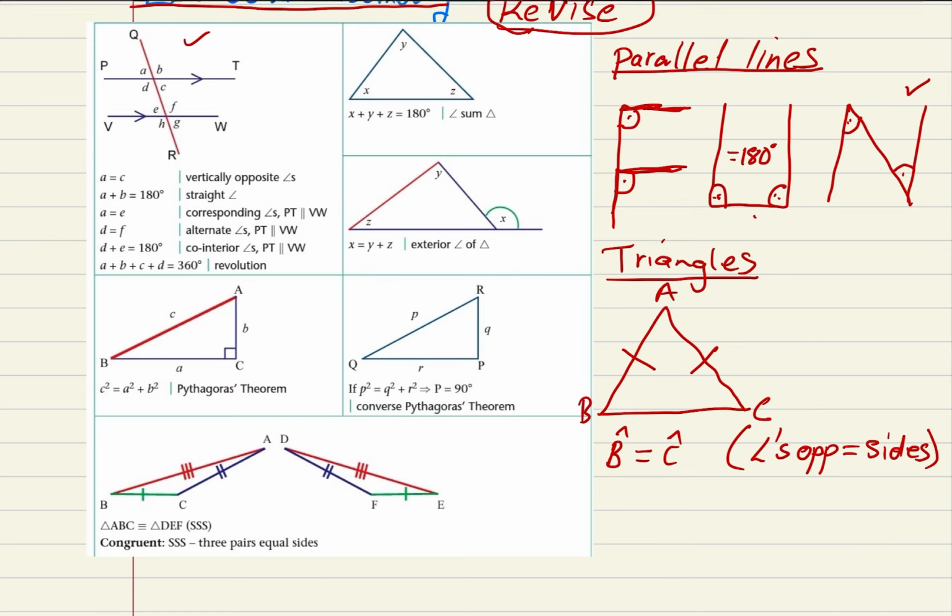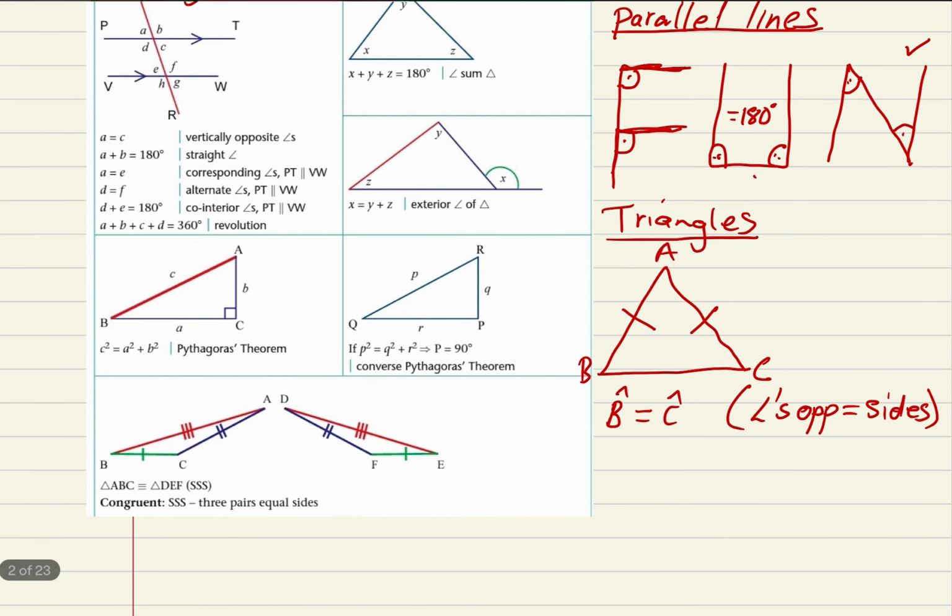But if we write that we have AB equals AC, then we say these are sides that are opposite equal angles. So that's how we deal with an isosceles triangle.